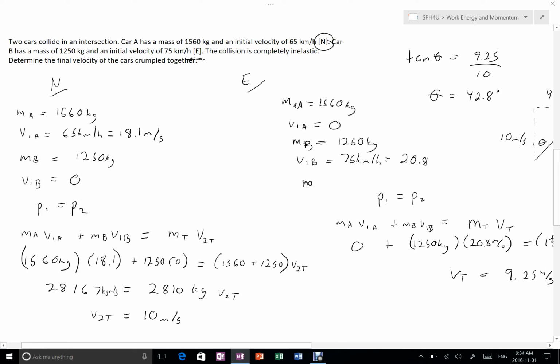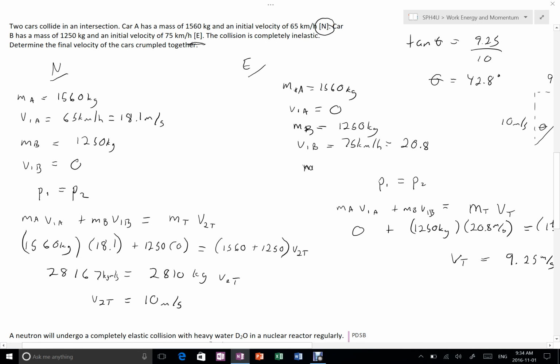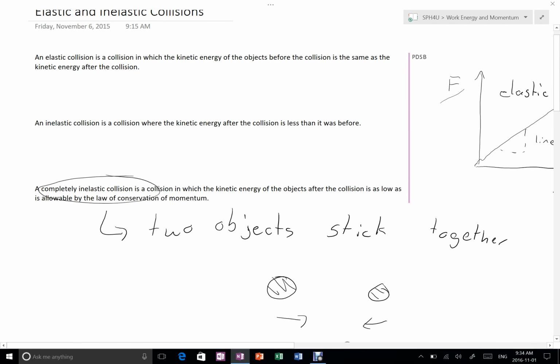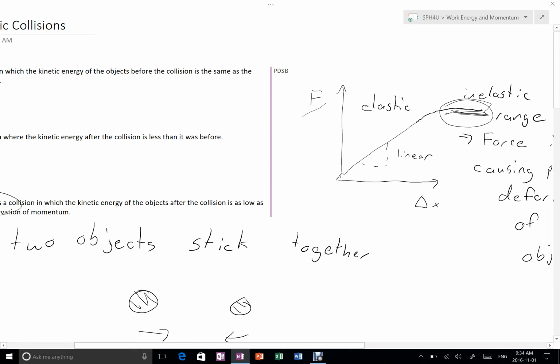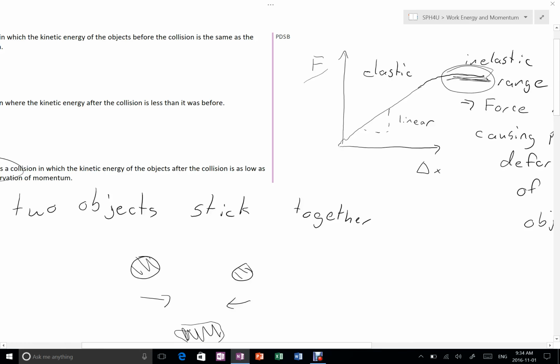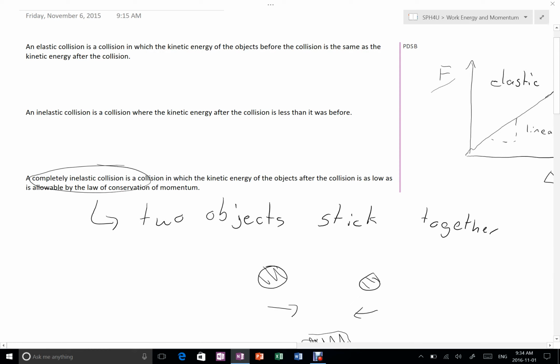Okay, I'm going to pause the video here. I'll do the next couple examples in a different video just to keep the time of those videos short. So, elastic collisions, when the kinetic energy is conserved, all the forces remain in the elastic region, so none of the energy gets transformed into deforming the materials. Inelastic, if we extend into this range, there's deformation of the objects, and so the kinetic energy after the collision is less than before.